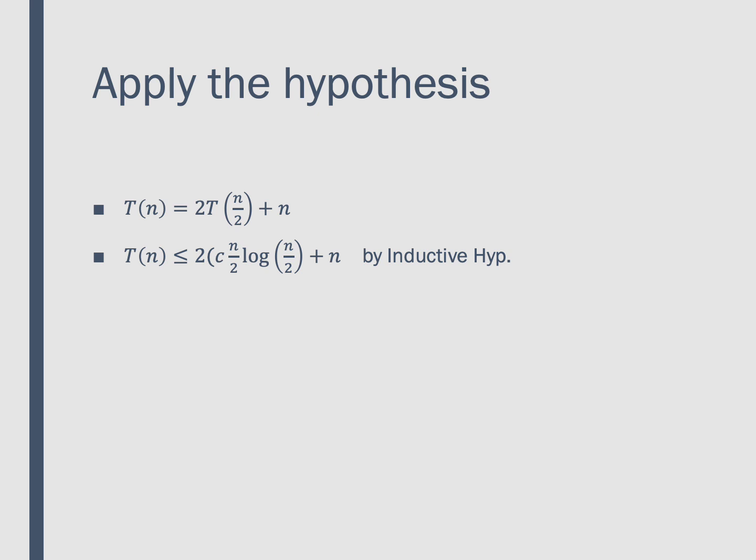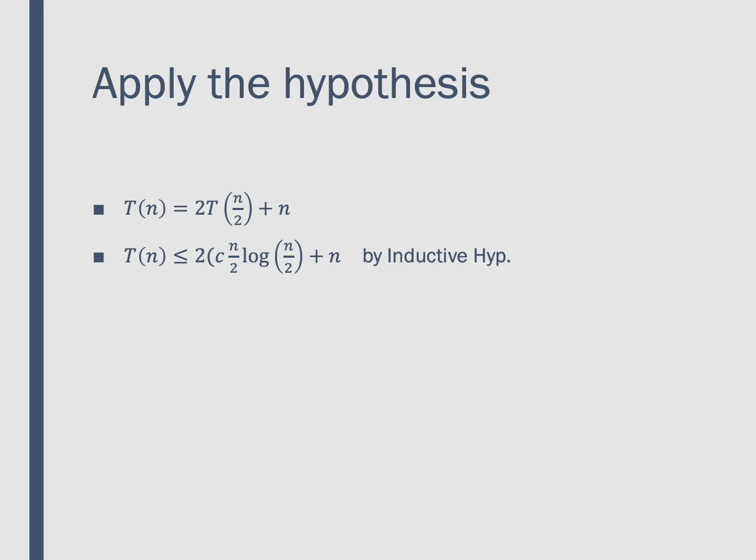Tn is less than or equal to 2 times, and then inside your parenthesis it will be c dot n by 2 log n by 2, plus n, by the inductive hypothesis.